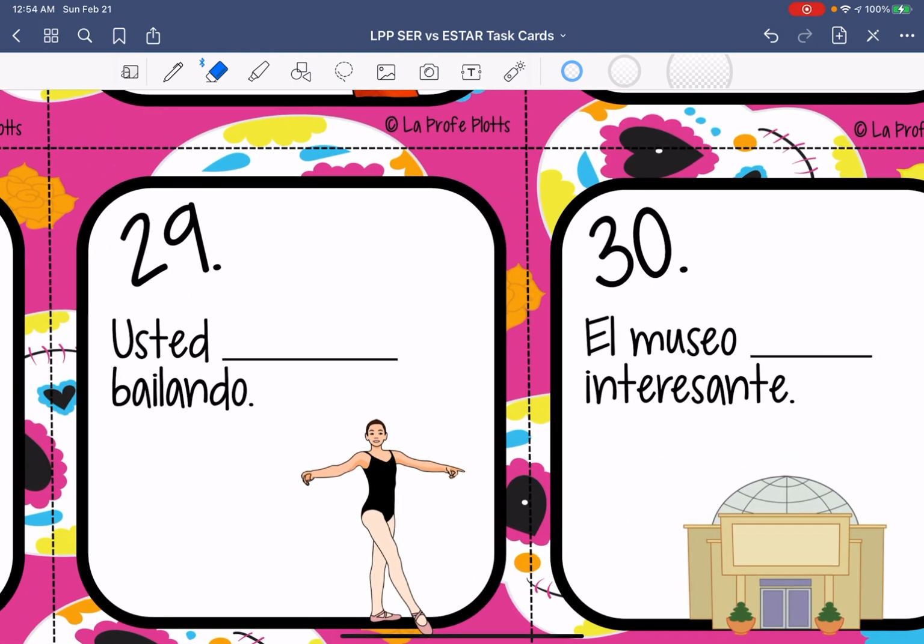El museo blank interesante. Museo looks a lot like the word in English. The word interesante also looks a lot like the word in English.